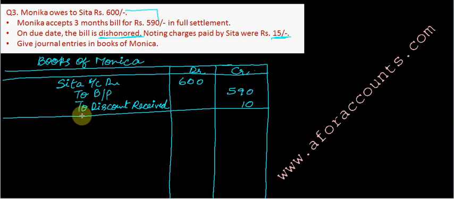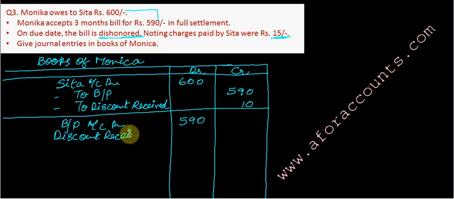On due date, what happened is that the bill is dishonored. So when a bill is dishonored, we will pass the reverse of these, because the bill is dishonored and we stand in the opposite situation now. So bills payable account debit by 590, discount received account debit by 10.